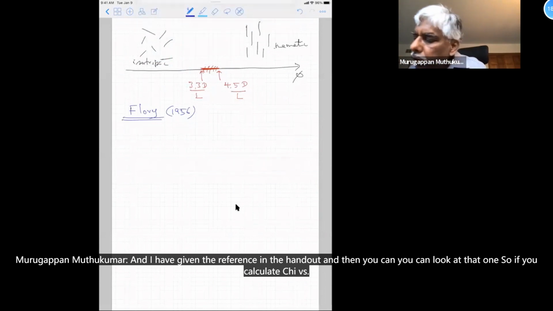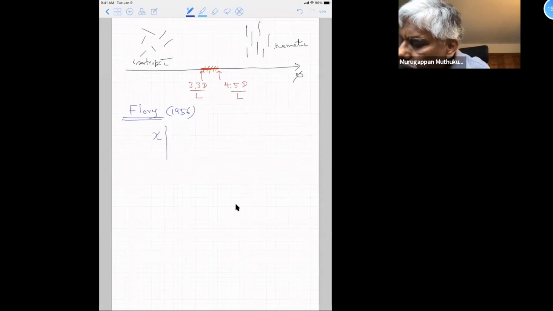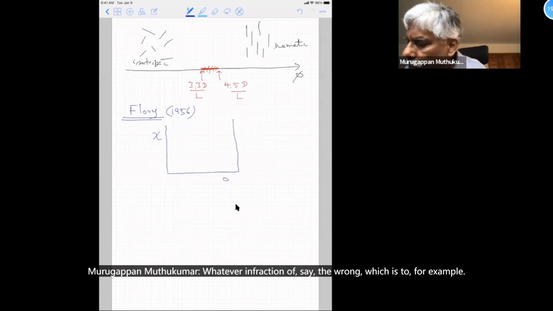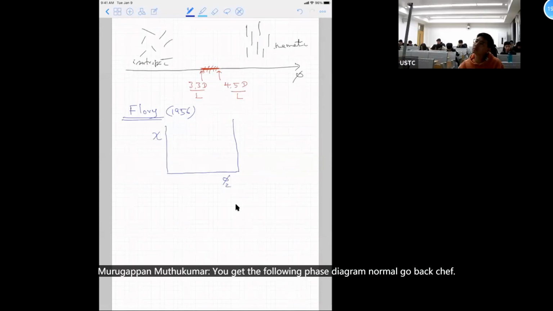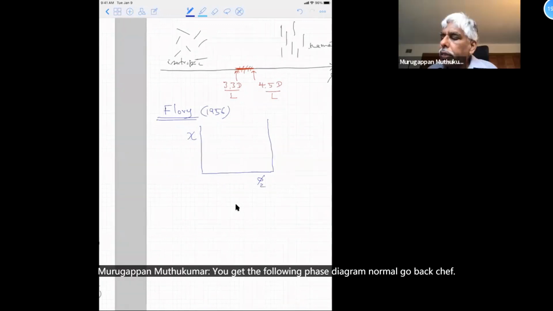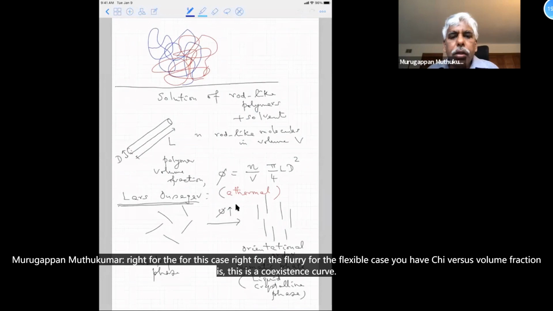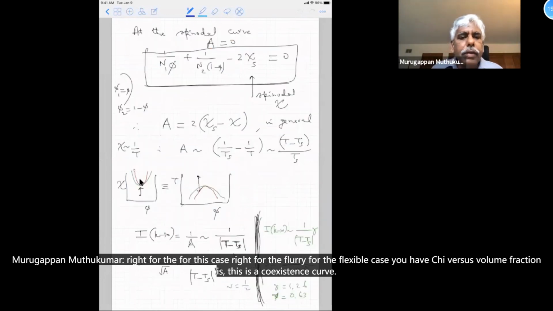So if you calculate chi versus volume fraction of, say, the rod, which is 2, for example, you get the following phase diagram. Remember, go back here. For the flexible case, you have chi versus volume fraction, and this is a coexistence curve.